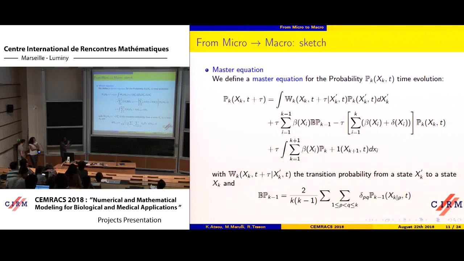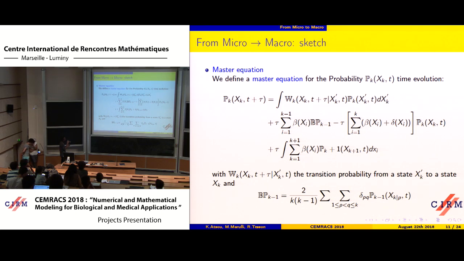And this last term describes the fact that we gain in probability in the configuration with k cells when in the configuration with k plus 1 cells there is a death.